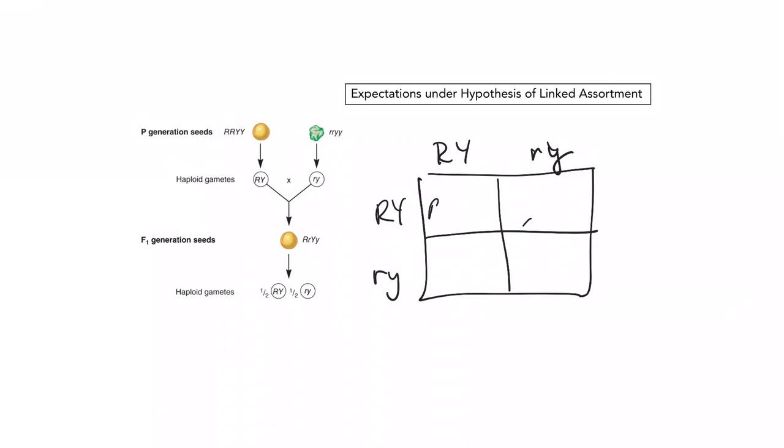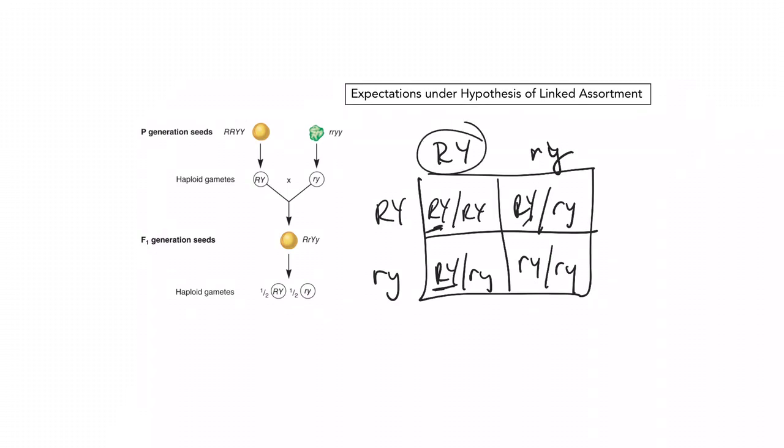So you'll notice that every time we're going to get these alleles arranged in this manner. So we've got R little y and R little y finally. So the first one here represents this gamete.